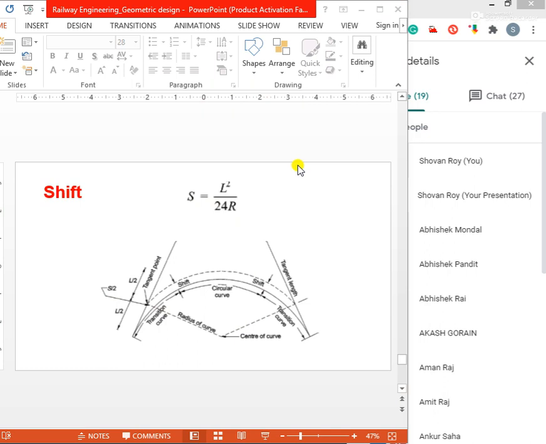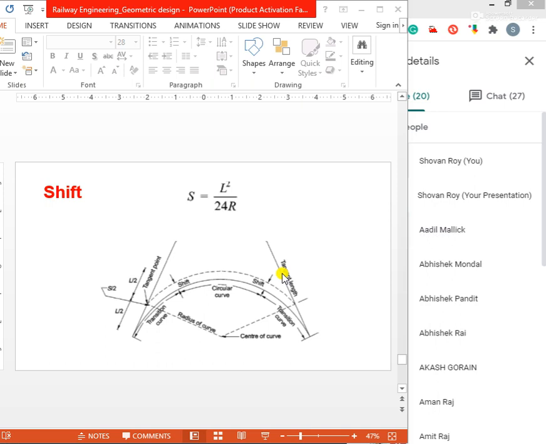Where S is the shift in meters, L is the length of the transition curve in meters, and R is the radius in meters. The offset, in centimeters, from the straight line to any point on the transition curve is calculated using the equation y equals 16.7 x cube by LR, where y is the offset from the straight line in centimeters, x is the distance from the commencement of the curve in meters, L is the length of transition in meters, and R is the radius of curvature in meters.